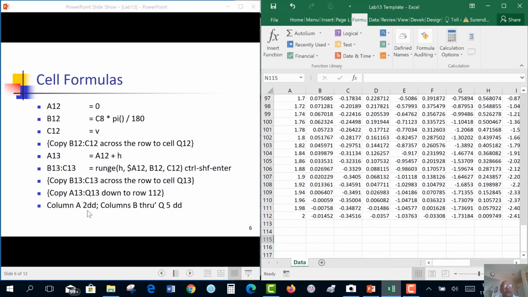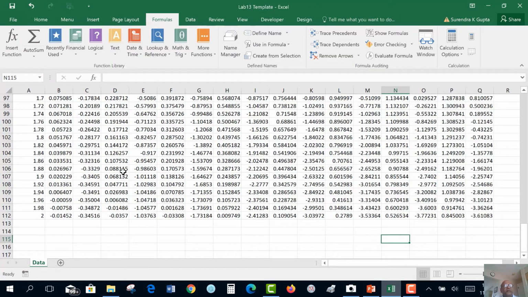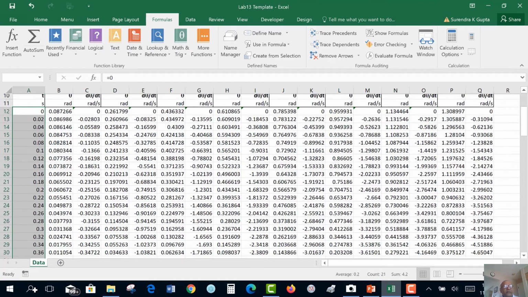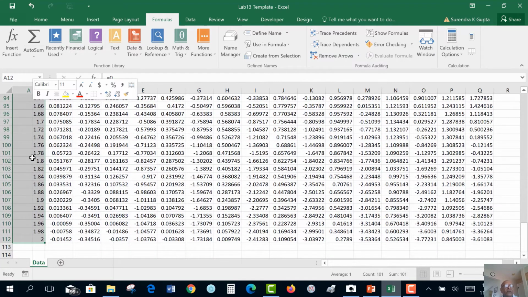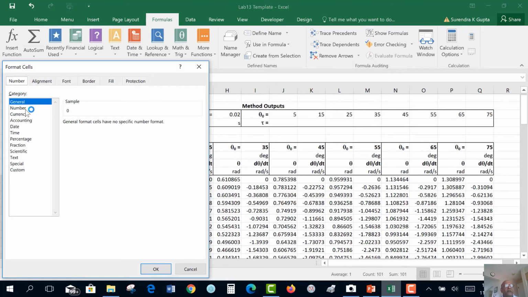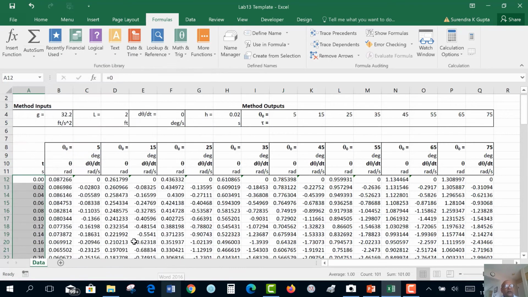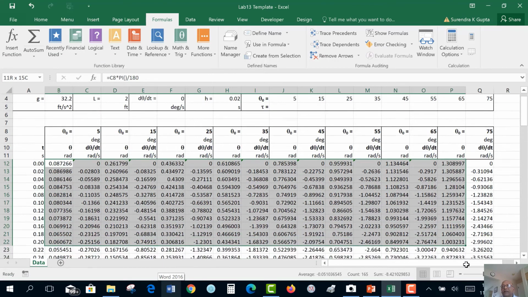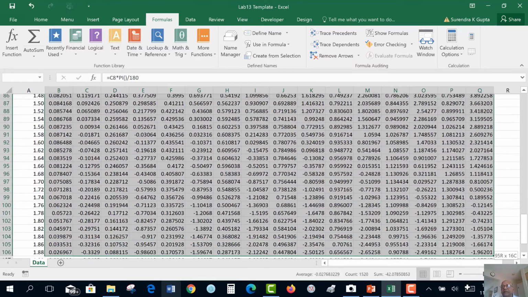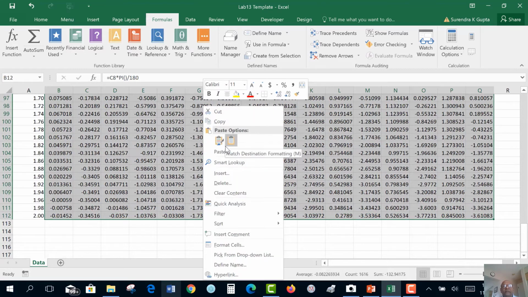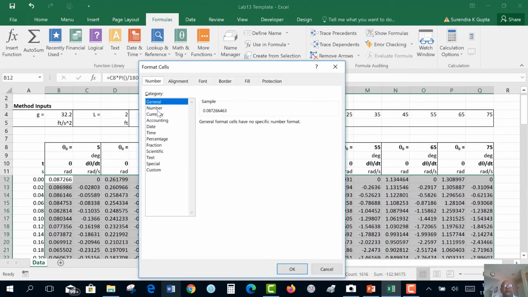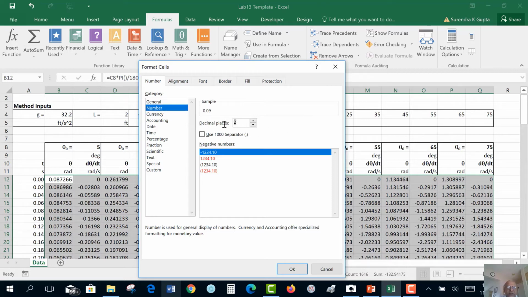So let's see what we want. 2 decimal digits in column A and rest everything 5 decimal digits. So format number 2. Okay, take all of these. Format number, and we want 5 digits.